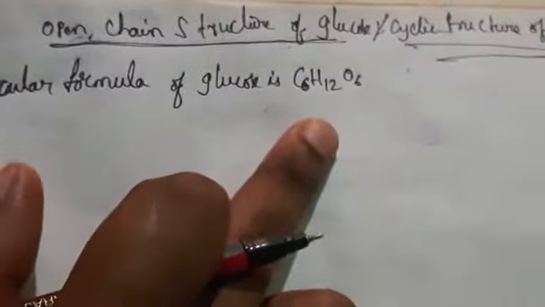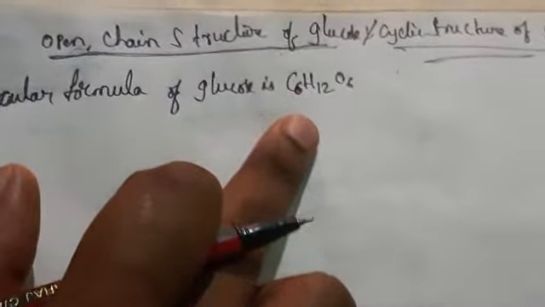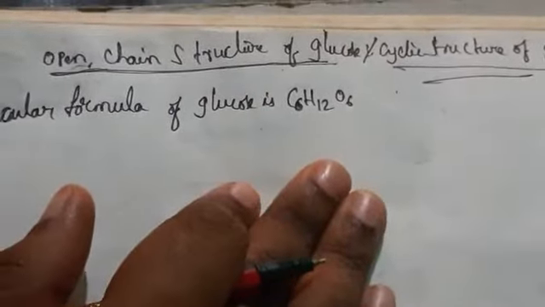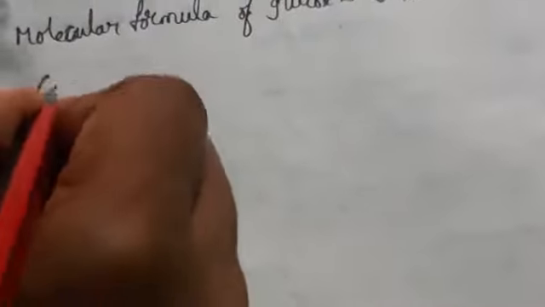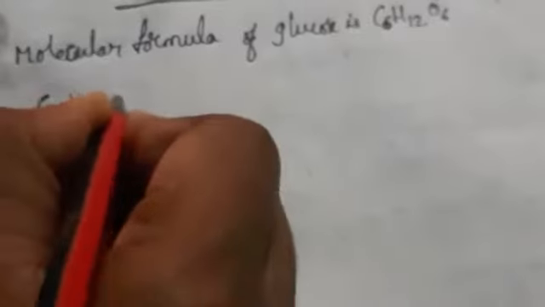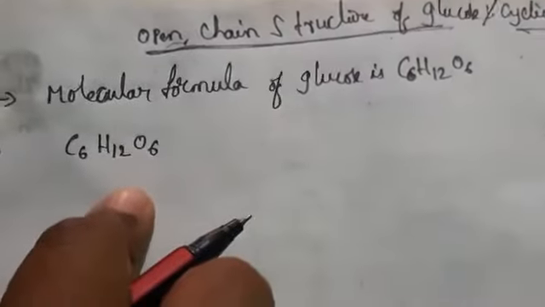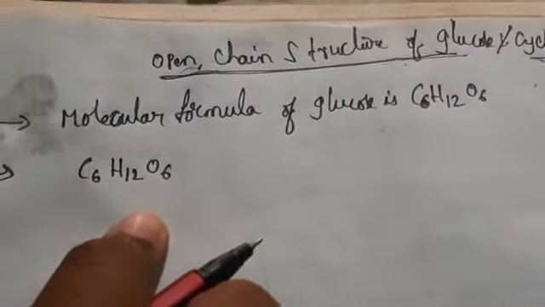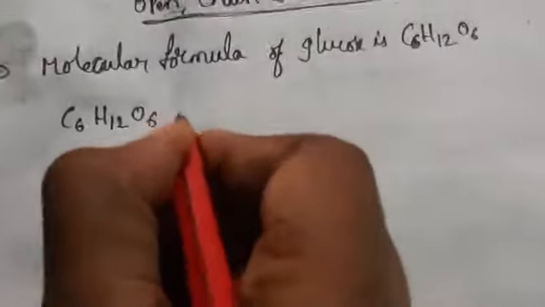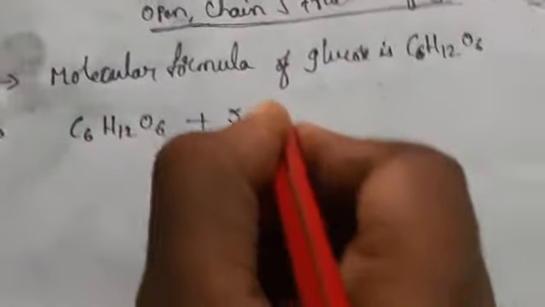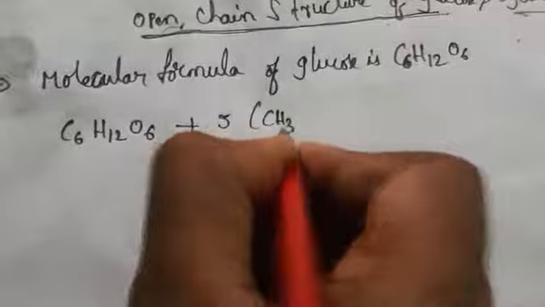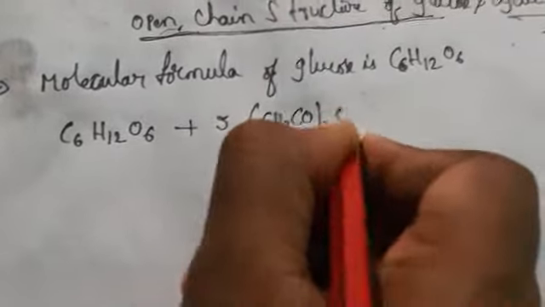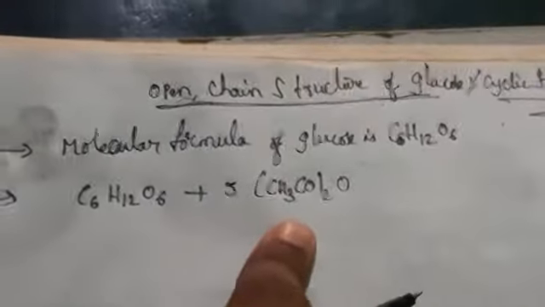In this formula we have 5 OH groups. What will happen when glucose is treated with 5 moles of acetic anhydride? This is the formula of acetic anhydride.